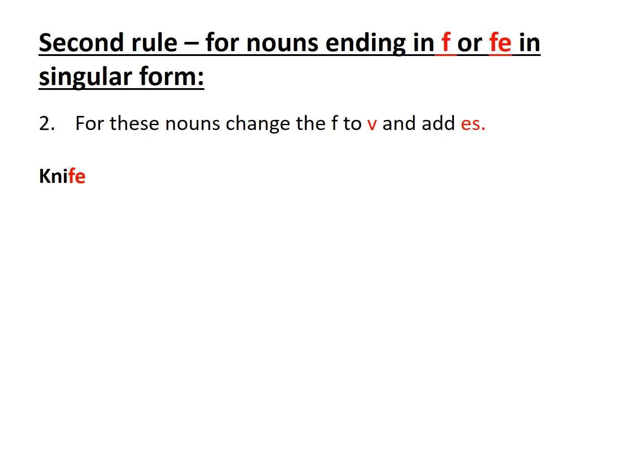The second rule for nouns ending in F or FE, as they become plurals, they swap their F or FE for an ending like VES. Let me show you with knife. It becomes knives. Why don't you try these 4 examples below and try and work out what their ending is.